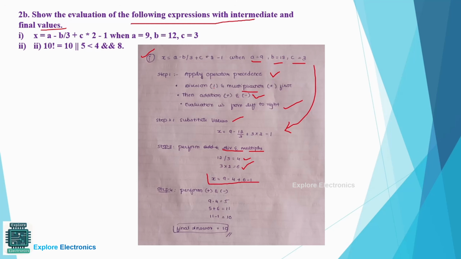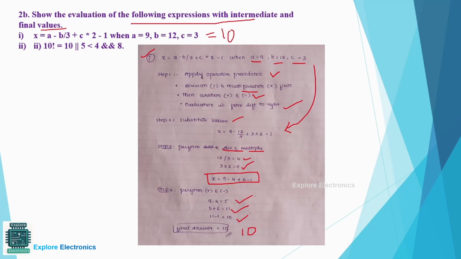Then we get x as 9 minus 4 plus 6 minus 1. Later we need to perform addition and subtraction. 9 minus 4 is 5. 5 plus 6 is 11. 11 minus 1 is 10. Then the final answer for the expression is 10. Let me write 10 here also.